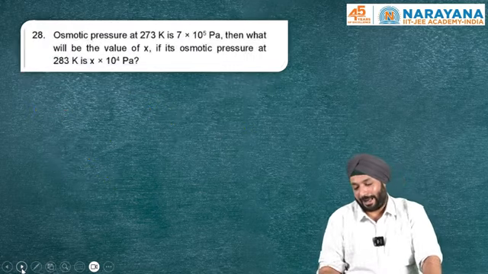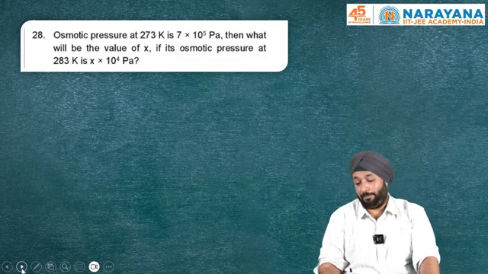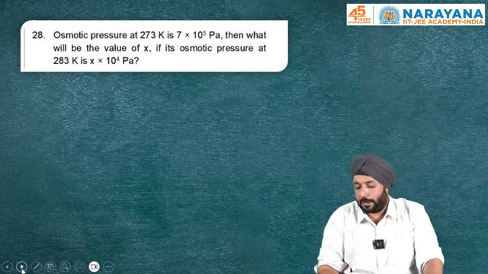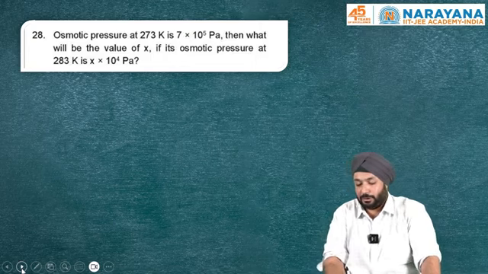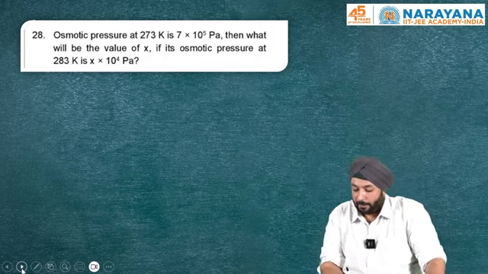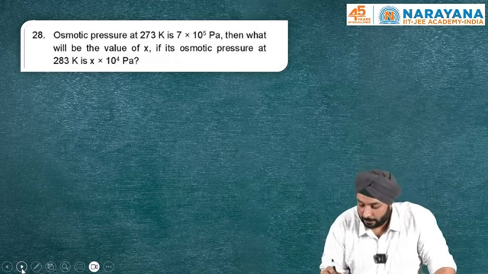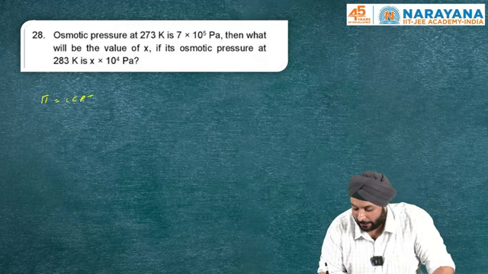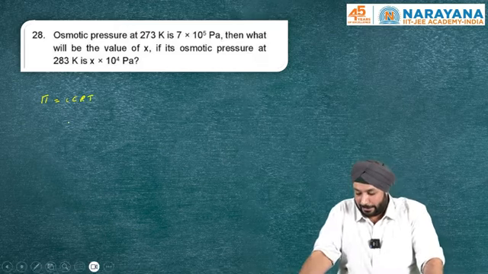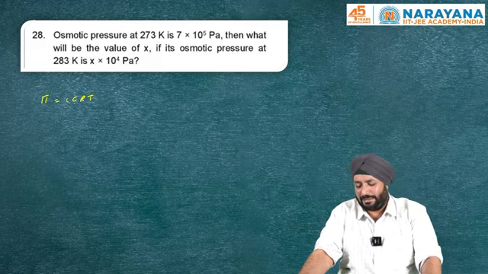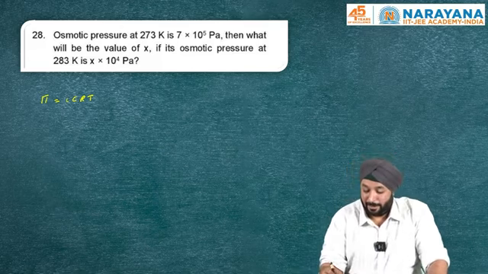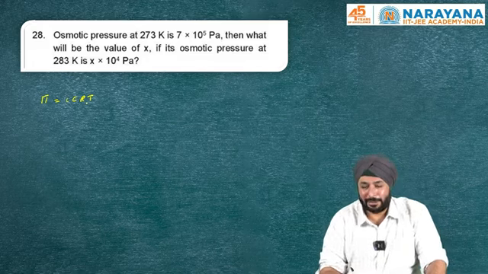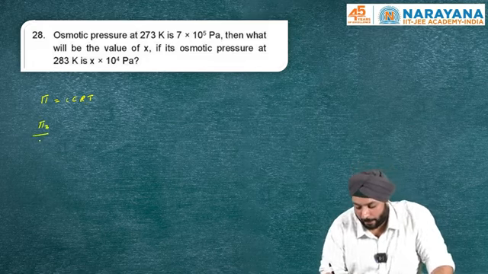Osmotic pressure at 273 Kelvin is 7 into 10 to the power 5 pascals. Then what will be the value of X if the osmotic pressure at 283 Kelvin is asked? We know that pi is equal to iCRT. In this case, they are just changing the temperature, nothing else, and we know that pi is directly proportional to temperature. So pi 2 by pi 1 is equal to T2 by T1.